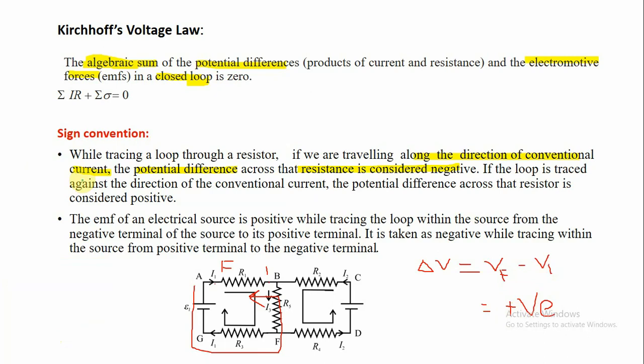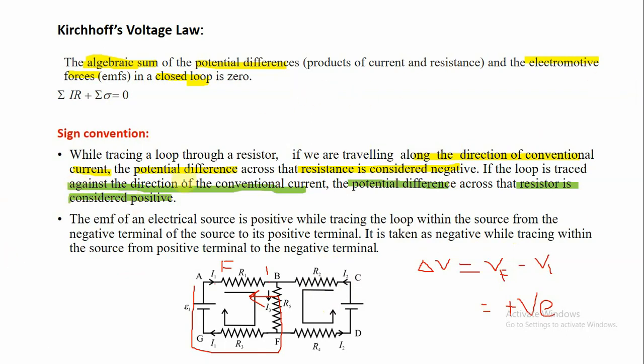If the loop is traced against the direction of conventional current, the potential difference, so it is very important to note, against the direction of conventional current, the potential difference across the resistor is considered positive. So you have to remember this. Don't need to understand the concept if you don't want to, but you will have to remember this, that in the direction of current, or along the direction of conventional current, the potential difference is considered negative.